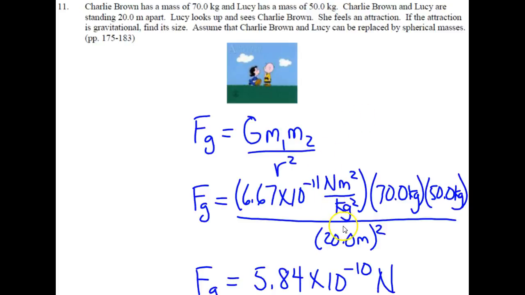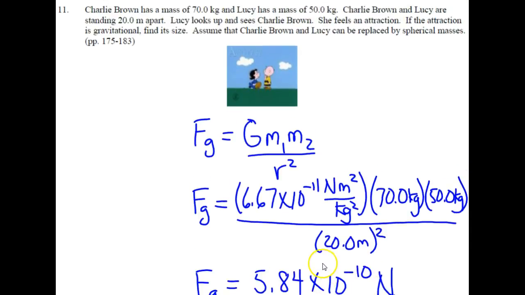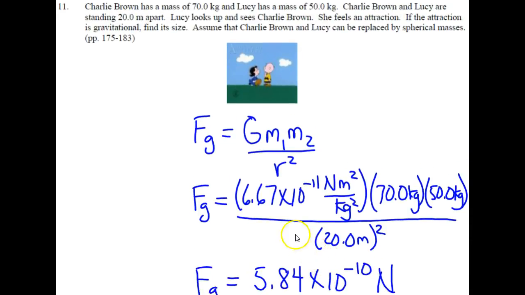And we're told they're standing 20 meters apart, and don't forget to square that in the equation. Go ahead and do your calculation, and you should get 5.84 times 10 to the negative 10 newtons. This is very, very small, and so the attraction that Lucy feels is not gravitational. It must be, well, something else.